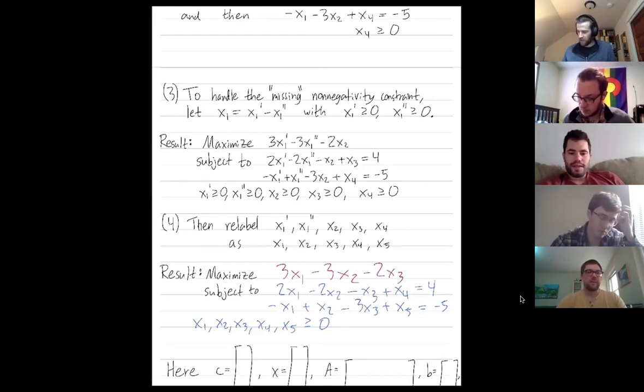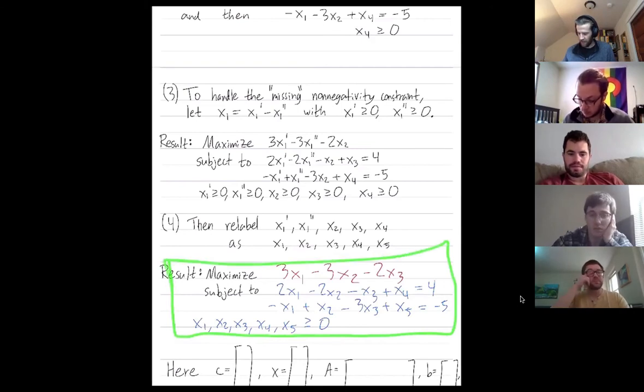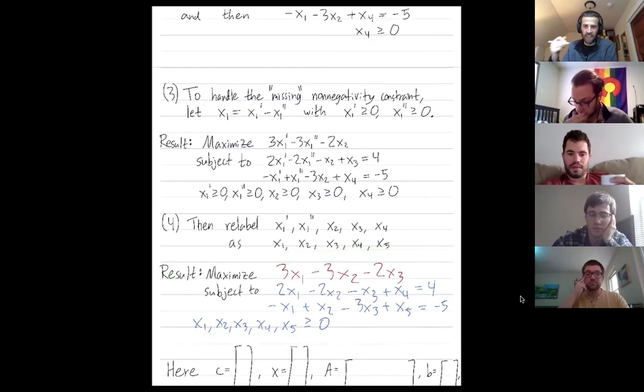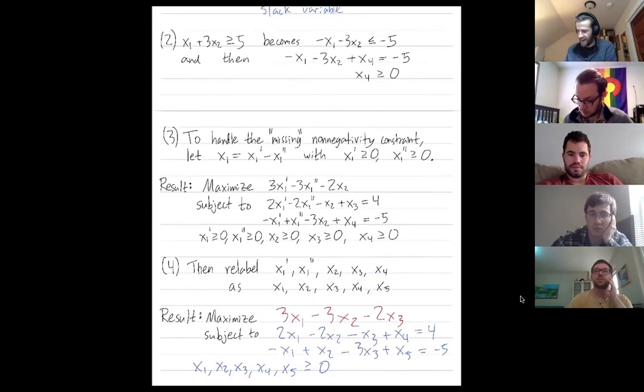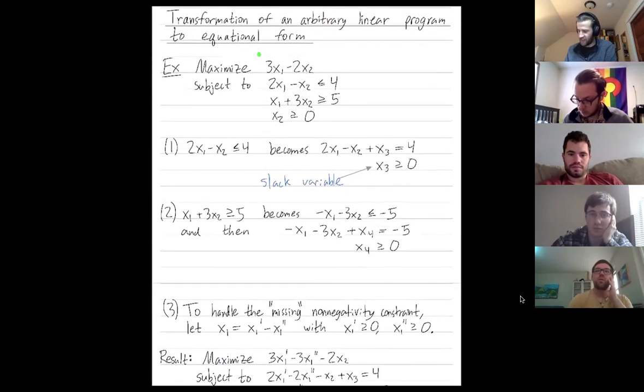What's critical is that you believe that if you can solve this problem, find the optimal x1, x2, x3, x4, x5, then you change those back into x1 prime, x1 double prime, x2, x3, and x4. And then you change those back just into x1 and x2.